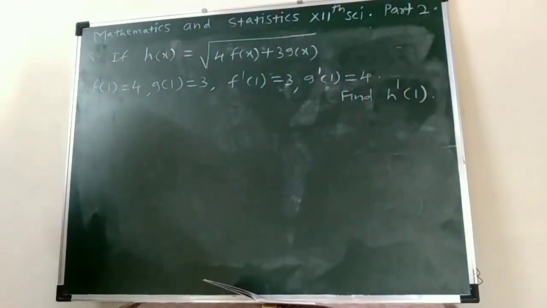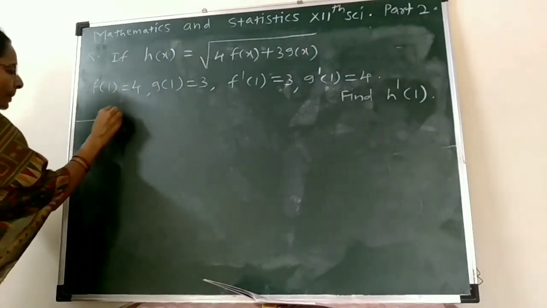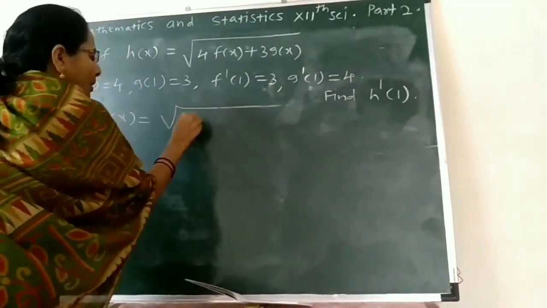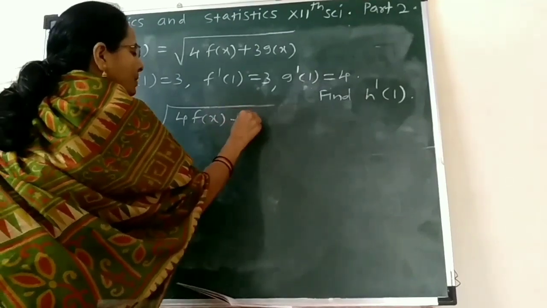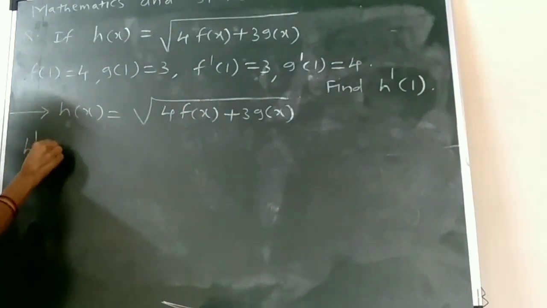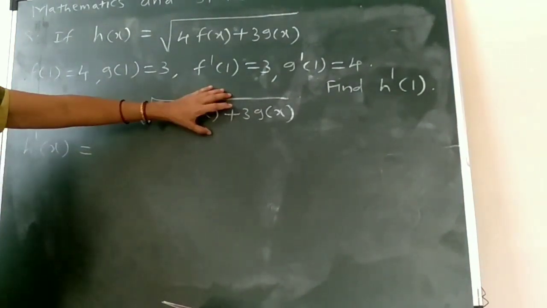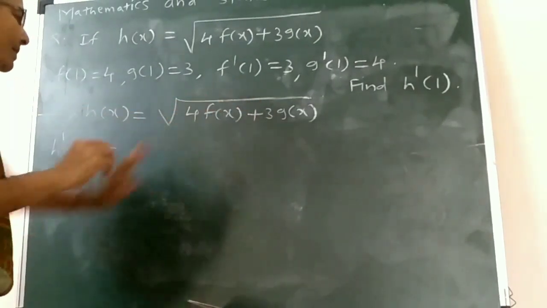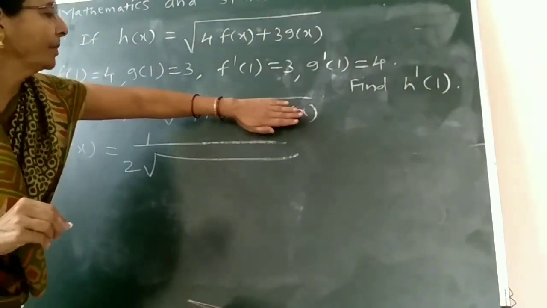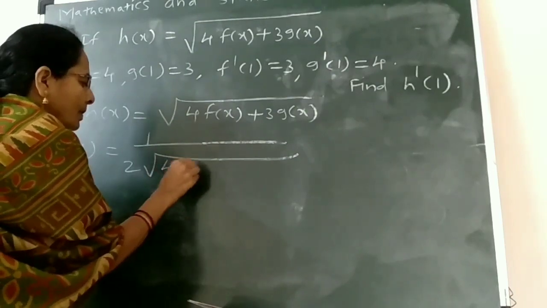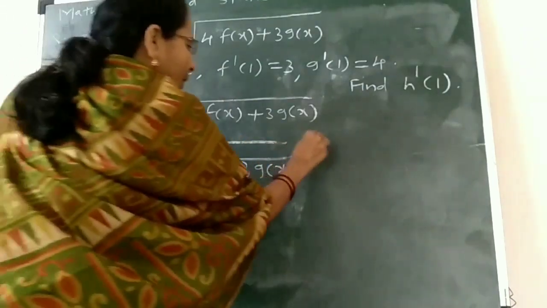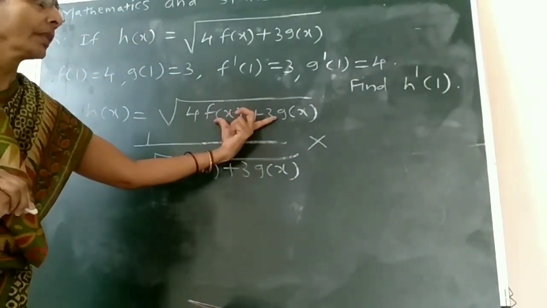We have to find h dash 1. So h x is root this function 4 f x plus 3 g x. h dash x, suppose this is root x, so derivative is 1 upon 2 root x, that means this value 4 f x plus 3 g x into derivative of this value.